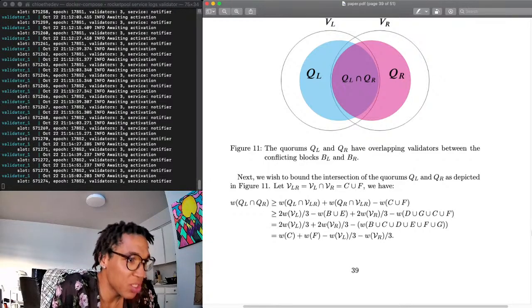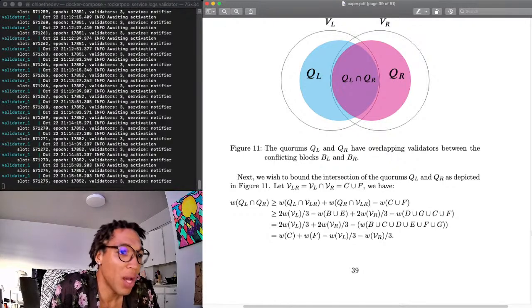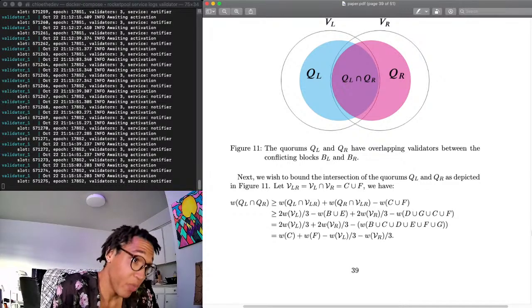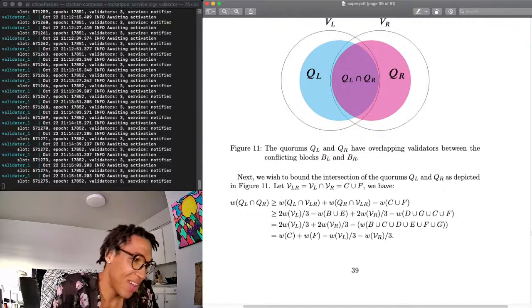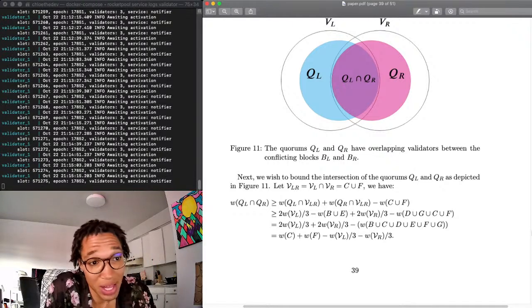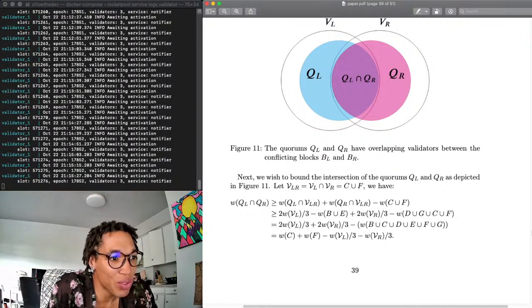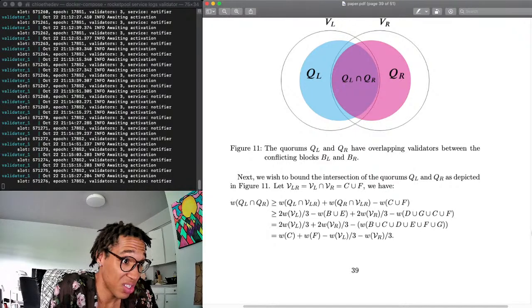Next, we wish to bound the intersection of the quorums QL and QR as depicted in figure 11. Let the validators of LR equal the validators L plus the validators R equals the CF.